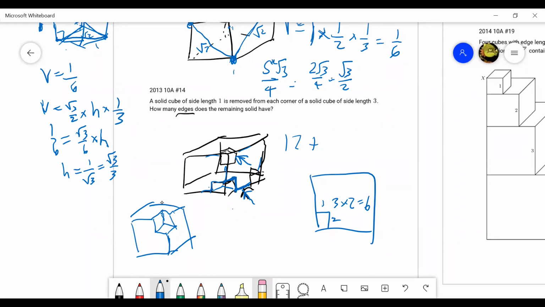So in total, you'd have 1, 2, 3, 4, 5, 6 on the outside, and 7, 8, 9 on the inside. So each vertex adds 9, and there are 8 vertices. So you'd have 12 plus 8 times 9, or 84 edges in the remaining solid.